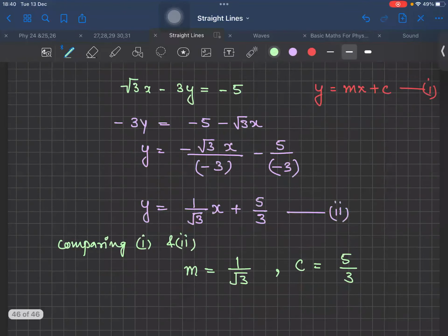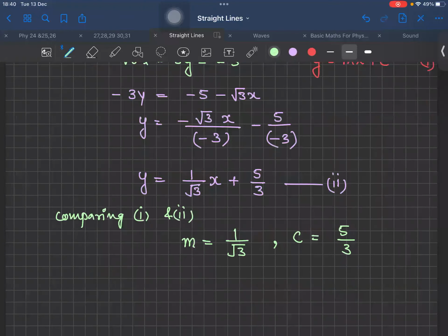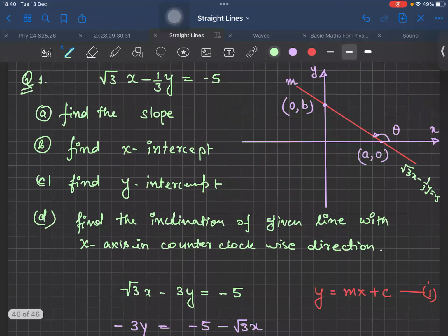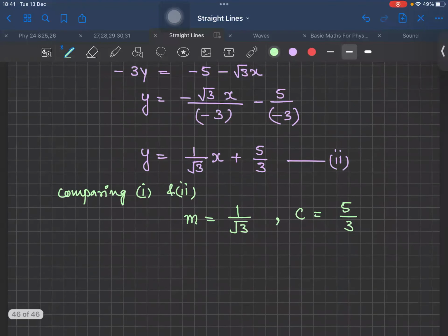Now we have got c, which in this graph is this point. We have the value of c and the value of m, and we need to find theta. We know that m is equal to tan theta.